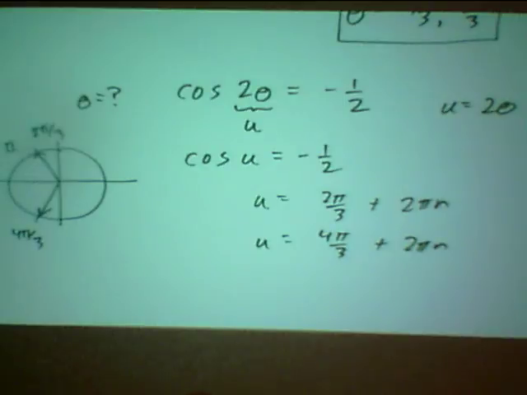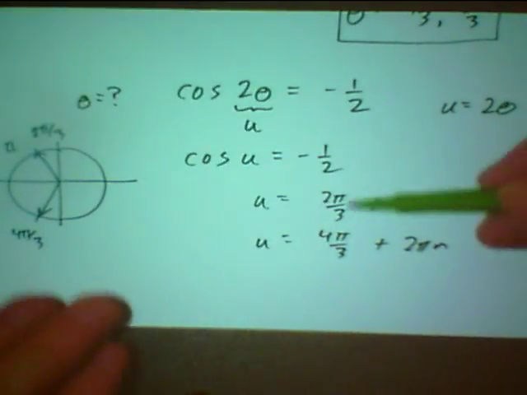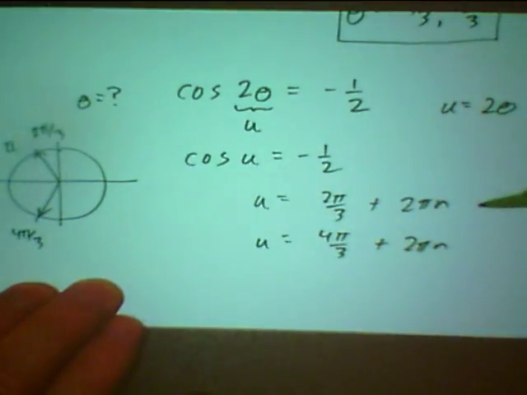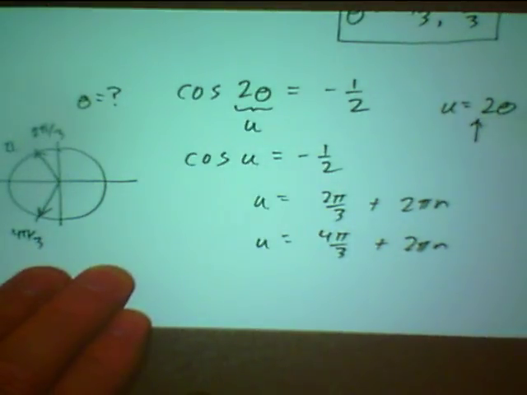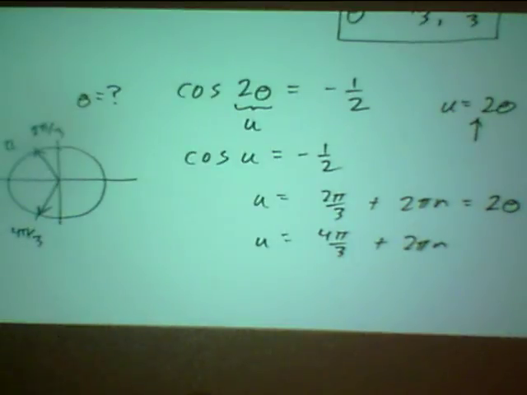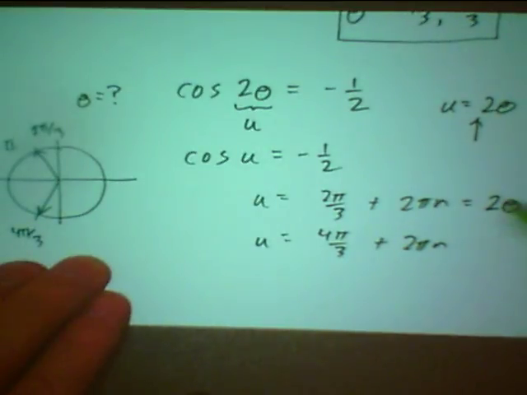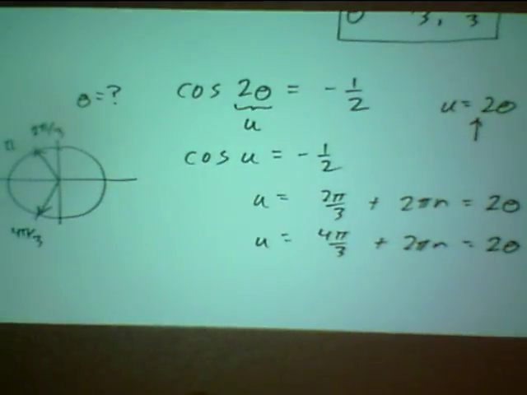So I need to go from u back to theta. I'm going to take this solution for u, and realize that u equals 2 theta, so now I can set this thing equal to 2 theta and solve for theta. And I can do the same thing to the second solution.